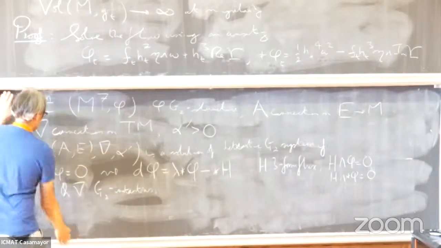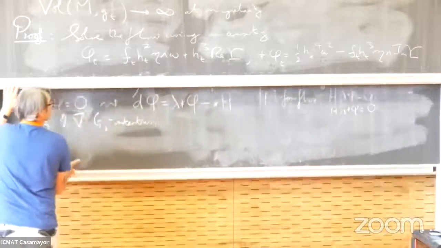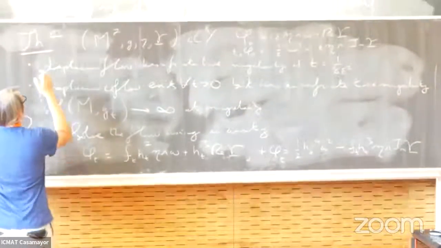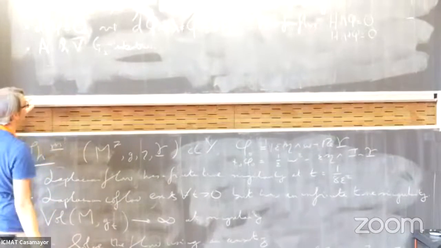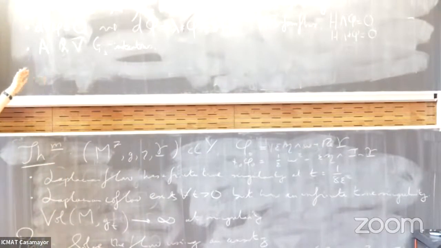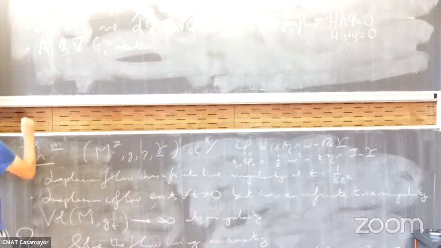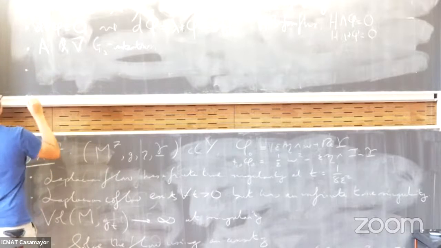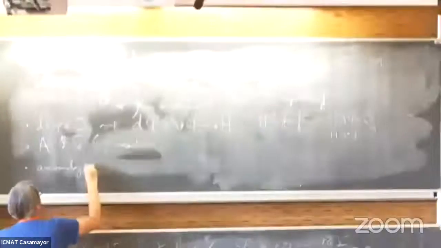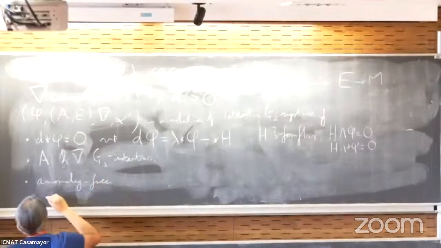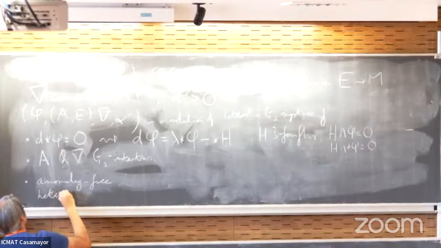All right. So at the moment, this is highly underdetermined. I mean, there's way too many solutions. At the moment, phi and A and nabla are very weakly coupled. But then there's this final condition, which is the anomaly-free condition, or heterotic Bianchi identity.